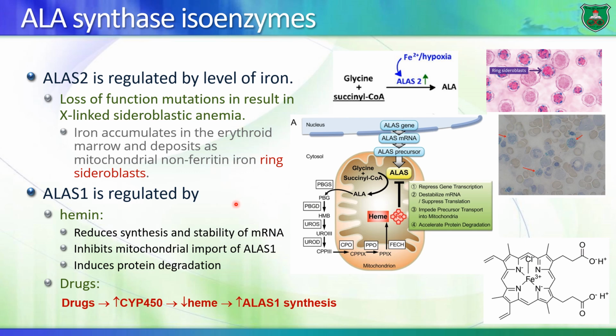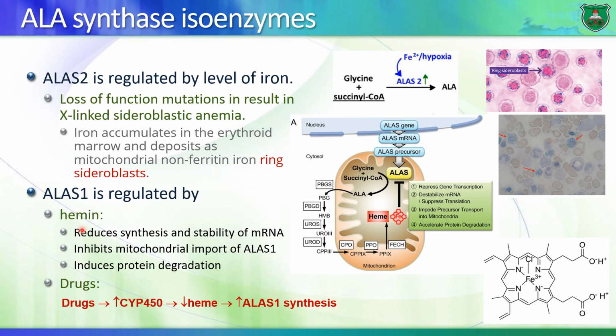Now, ALAS1, particularly we're talking about the liver enzyme right here, is regulated by heme. Okay, what is heme? Well, it's this molecule right here that has iron in the ferric state, and it's linked to chloride.